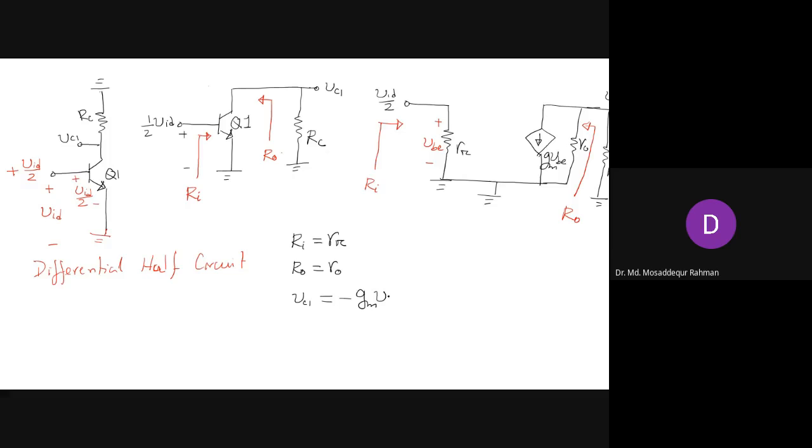That's the total current multiplied by the total resistance. Here R naught and RC will be in parallel, so this current is supplying the parallel combination, so we can write R naught in parallel with RC.